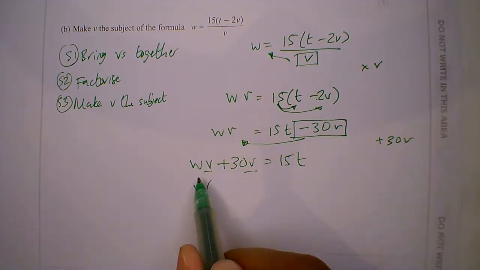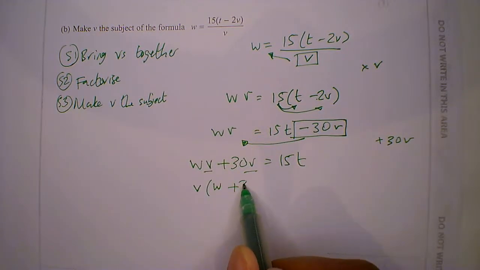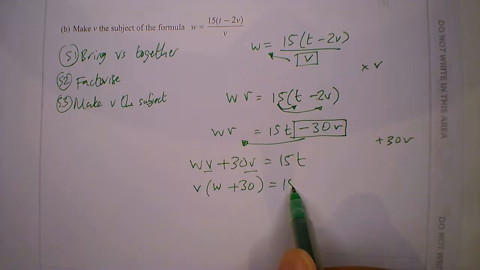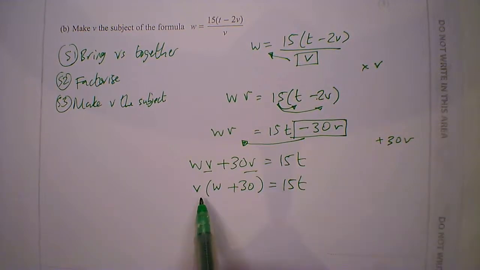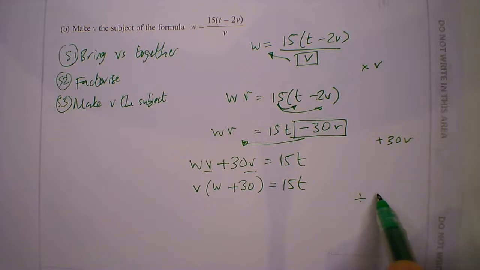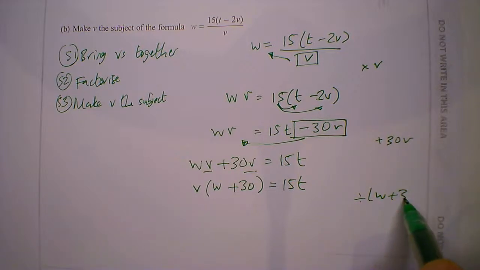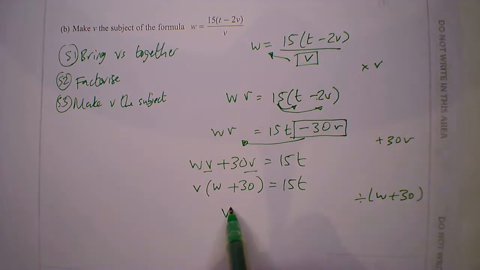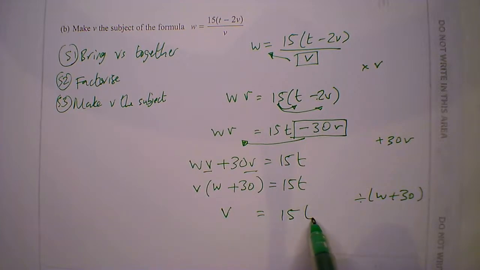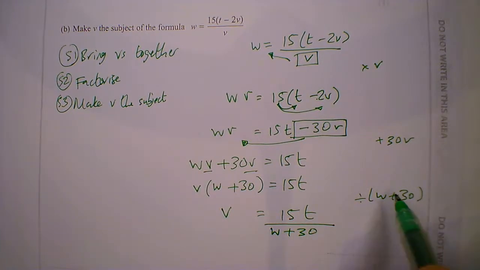If I take V out, I'm left with W plus 30 equals 15T. And now this is multiplying. Opposite of multiplying is dividing. So I'm going to divide everything by W plus 30. So V equals 15T all over W plus 30. So that is worth 3 marks.